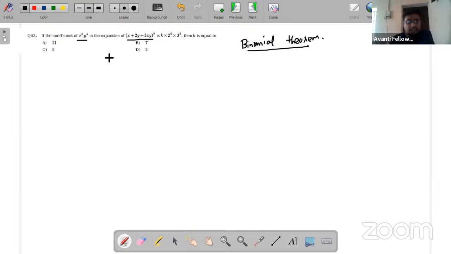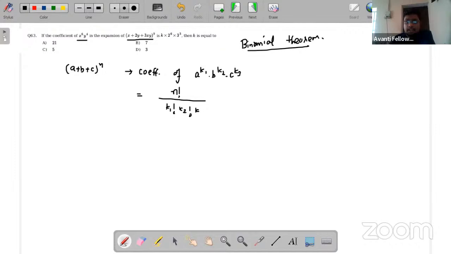So we have learned that if a plus b plus c to the power n is expanded, and we have to find the coefficient of a to the power k1, b to the power k2, c to the power k3, then the coefficient will be n factorial upon k1 factorial, k2 factorial, k3 factorial, into a to the power k1, b to the power k2, c to the power k3, and also k1 plus k2 plus k3 should be equal to the power, which is n. Okay, so we are going to use this concept.